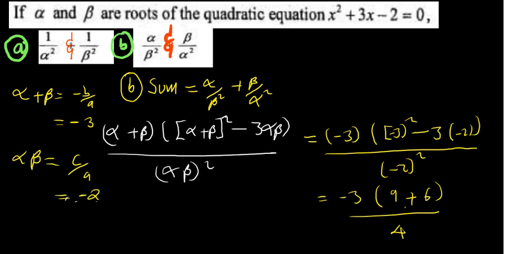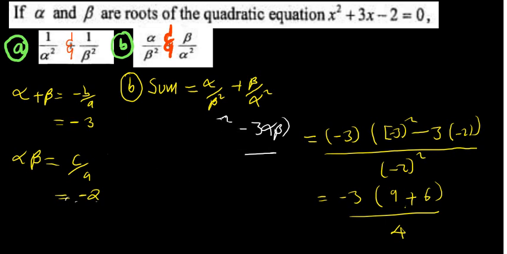This is the same thing that I did in the other video. I'm guessing there was a mistake. I found a 4 instead of a negative 3. So this is going to be negative 3. 9 plus 6, what number are we going to get?